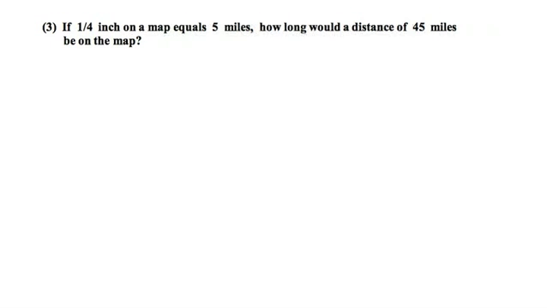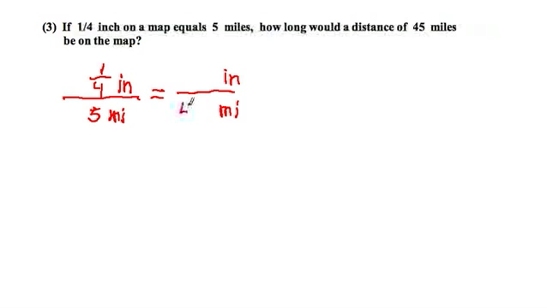Next problem. If you want to try this on your own before seeing the solution, you can pause the screen now. Here, if 1/4 inch on a map equals 5 miles, how long would a distance of 45 miles be on the map? So it's 1/4 inch to 5 miles and equals, if inches is on top on the left, it has to be on top there.